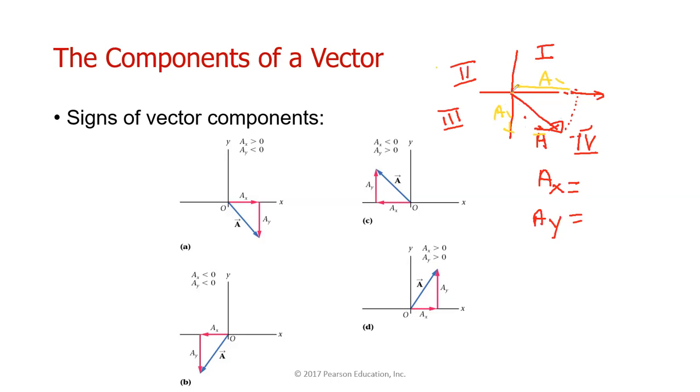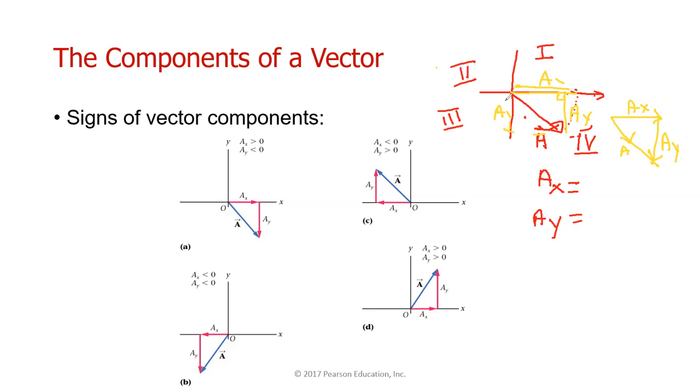If I complete this right triangle, this Ay and this Ay are the same. This is my Ax and this is my Ay, and this is the vector A.